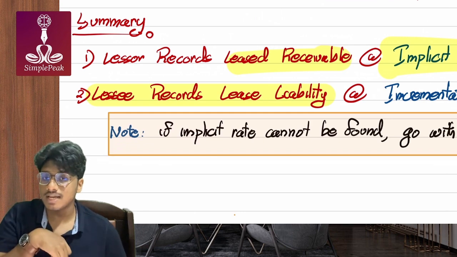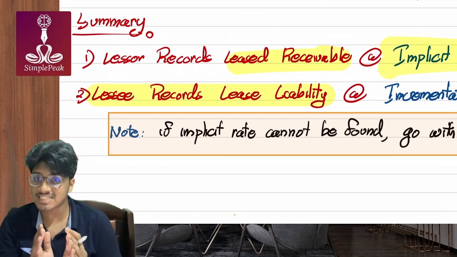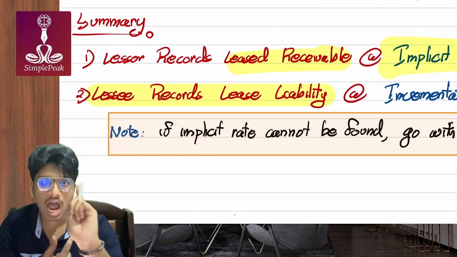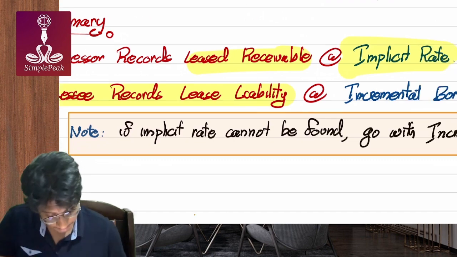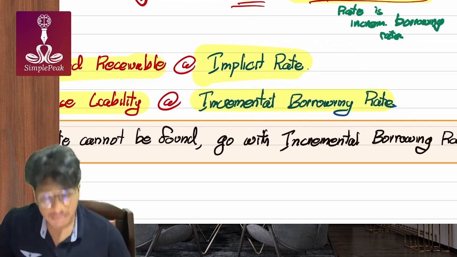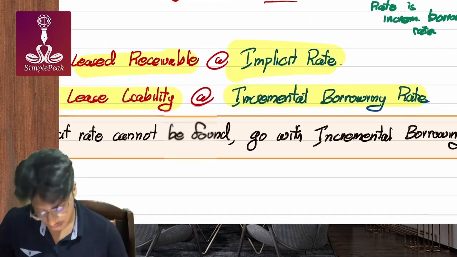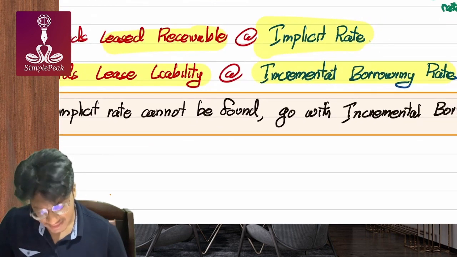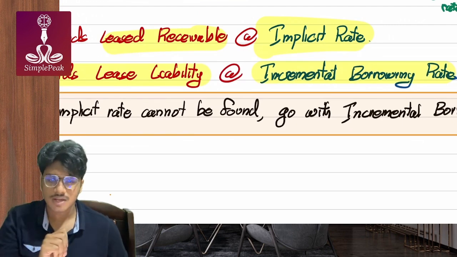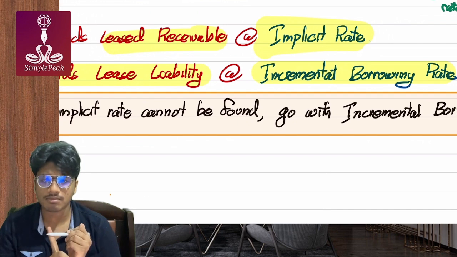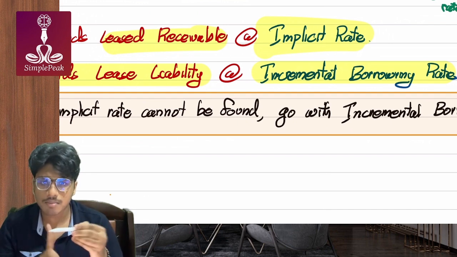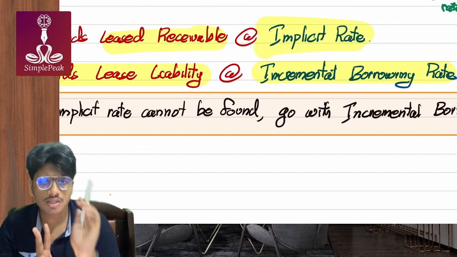Why did I say lease liability? Because in the lessee's perspective, I got the asset. I have to make the payment. That's a liability. So if I'm making the payment, I'll be recording at the incremental borrowing rate. That's it. And if the implicit rate cannot be found, out of these 4, you'll be getting what? Minimum lease payment, that is lease payment amount, and GRV. How? In the contract it is mentioned.